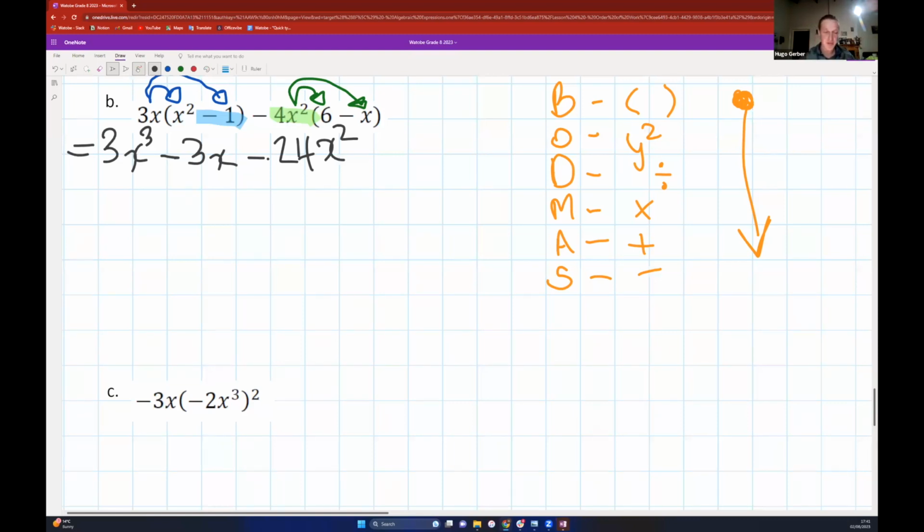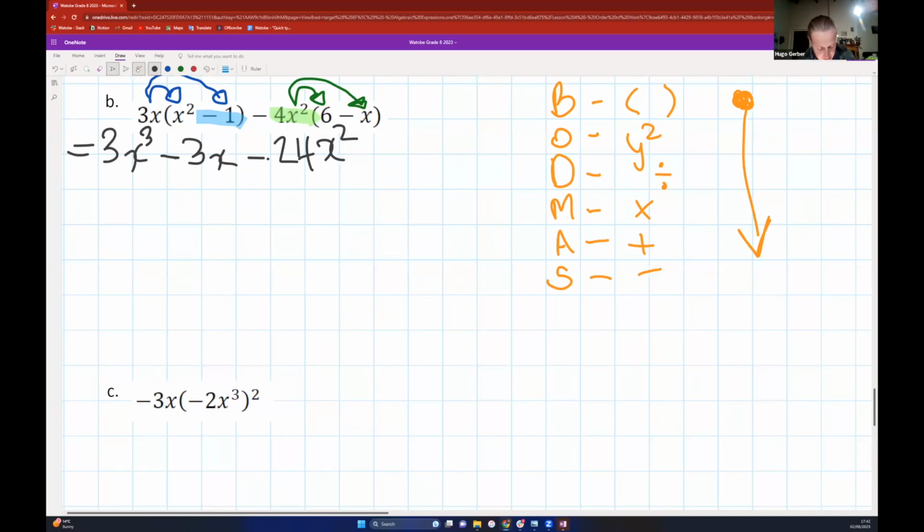Now, what is my final term going to be? My final term, guys, if you made this mistake before, please make sure to not make this mistake again. This is a negative x. That negative inside the bracket now goes with the last term. So what is my answer going to be? It has to be a negative answer.